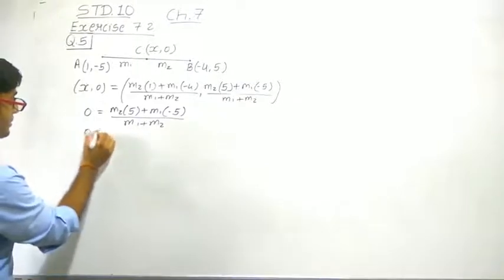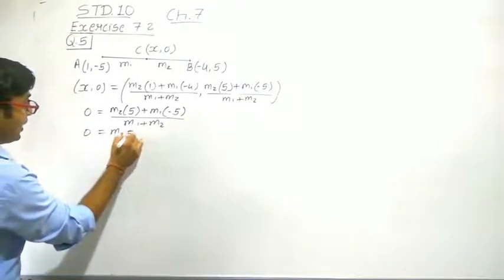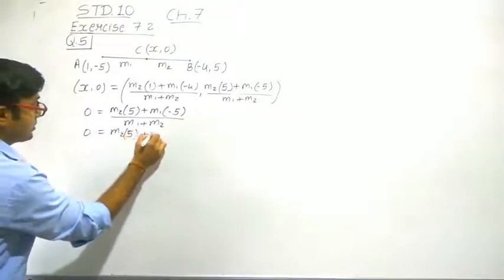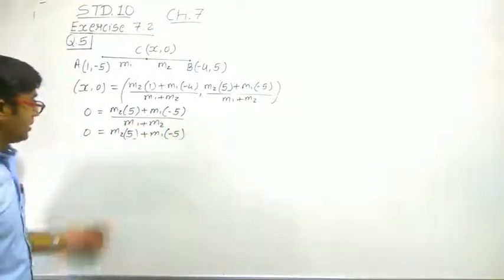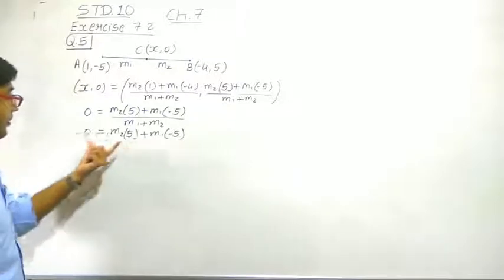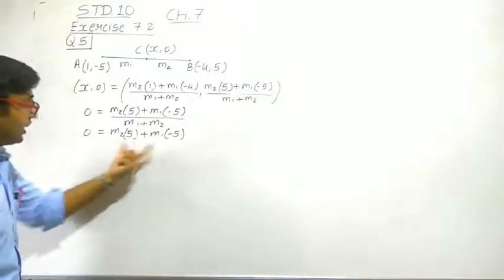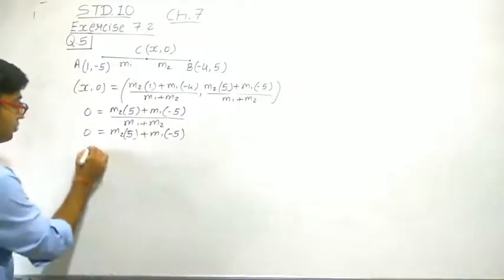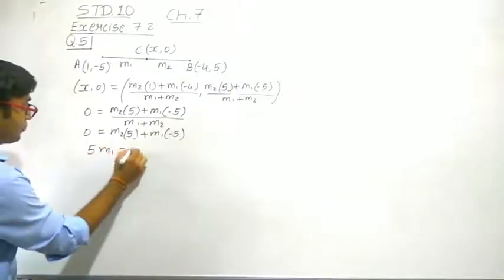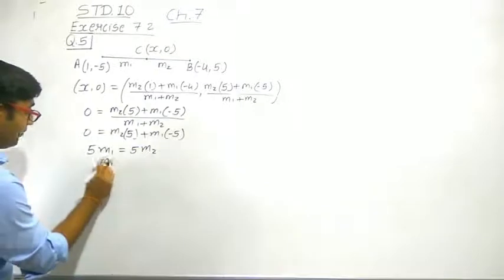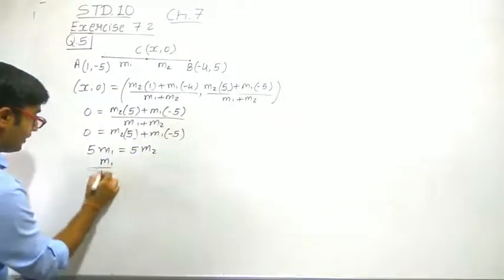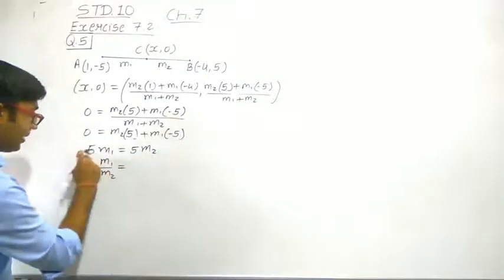So here we get 0 is equal to 5 m2 plus m1 into minus 5. So when we take this 5 m1 to the left hand side, it will become plus. So here we get 5 m1 is equal to 5 m2. Now take m2 to the left hand side and this 5 to the right hand side.